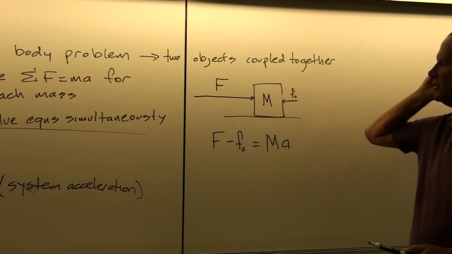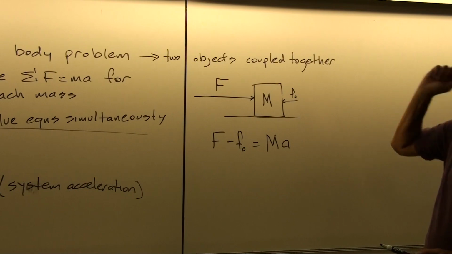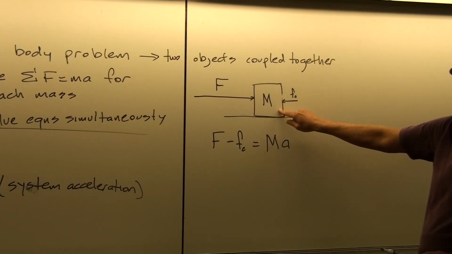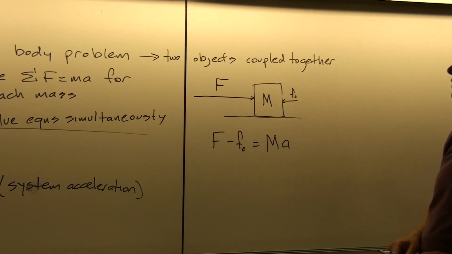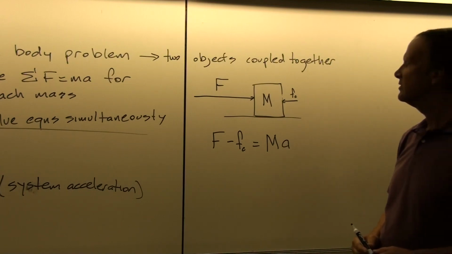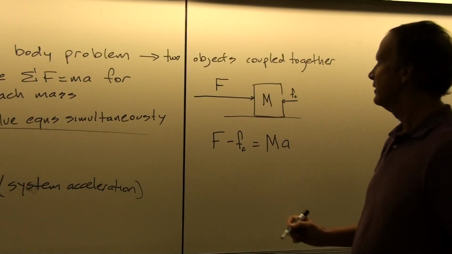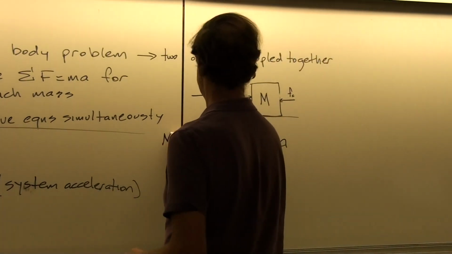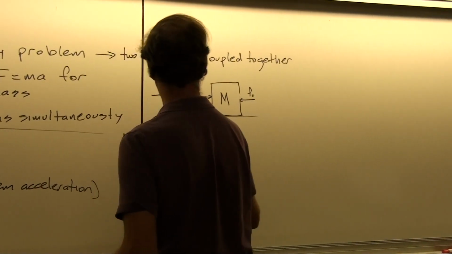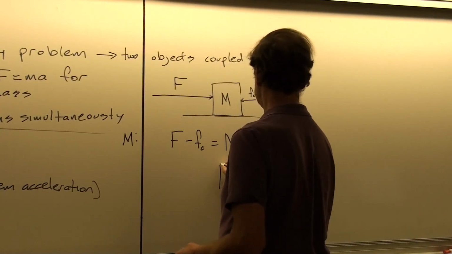We're only interested in the forces that are acting on this mass only. That's it. And so we keep all the other forces out of the diagram just to simplify things so that we don't get confused. And then for little m, we can separate that out.